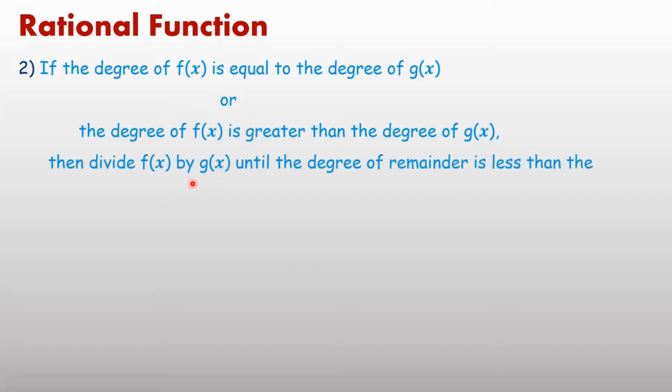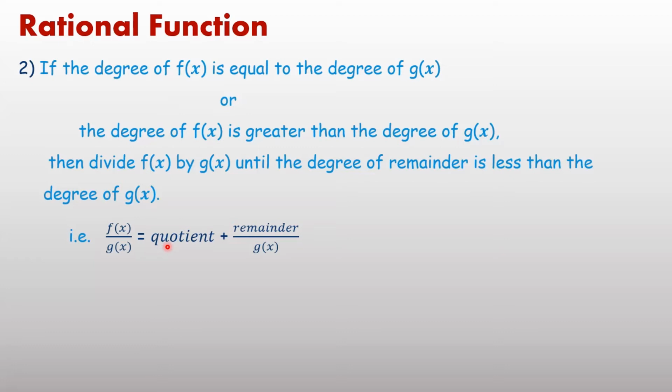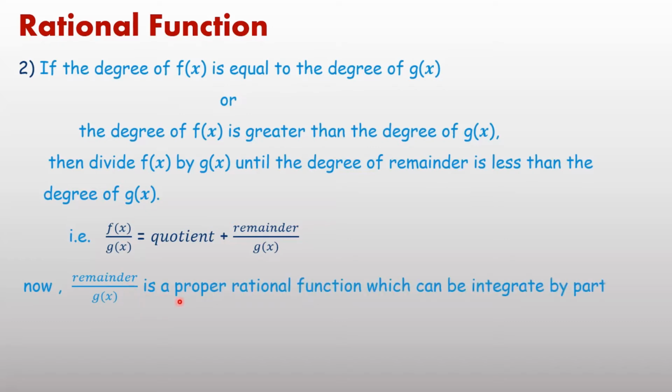Then first we divide f(x) by g(x), find the quotient and remainder, and after that we can write it in the form of a proper rational function: f(x) upon g(x) equals quotient plus remainder upon g(x). Here remainder upon g(x) is a proper rational function which can be integrated easily.